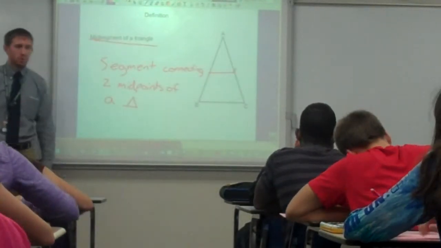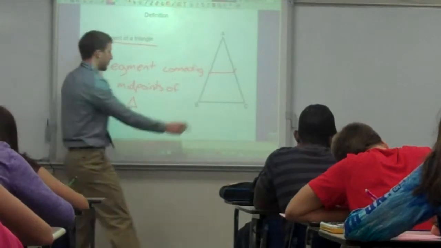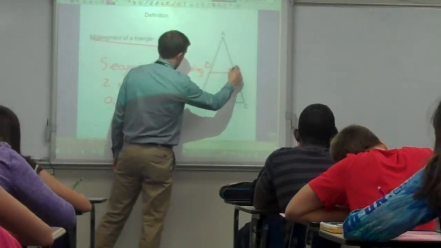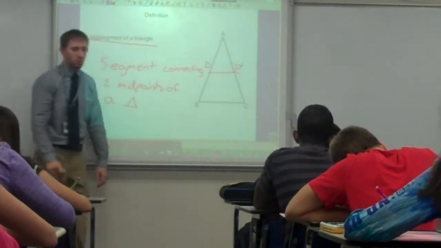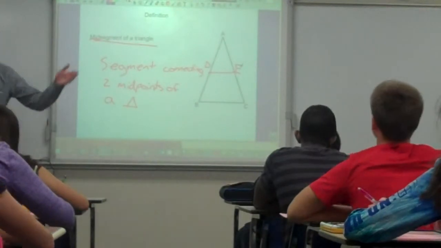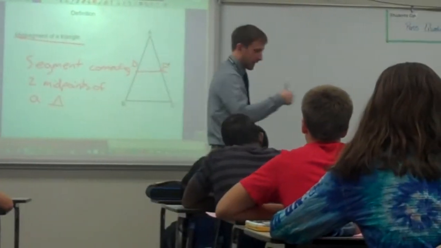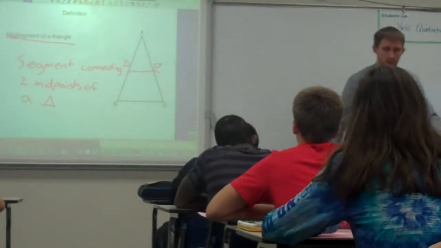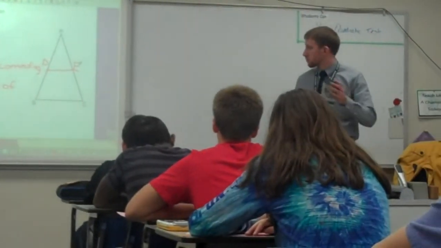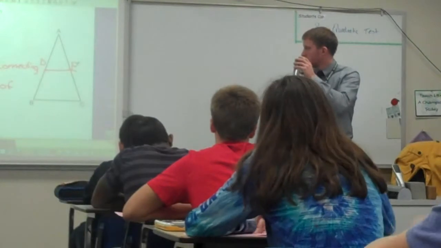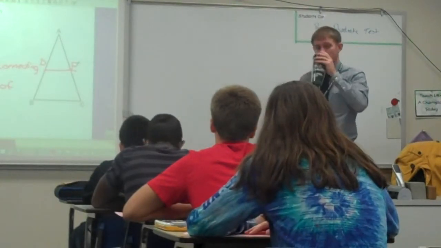So that would be an example of a mid-segment if I labeled this D and E. You find the midpoint on one side, find the midpoint on the other side, connect those dots. That's your mid-segment. So you could say AB is congruent to DB. Yes.